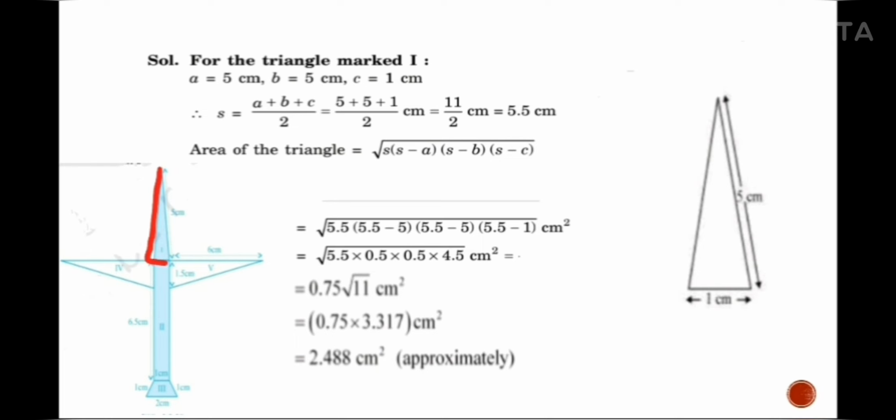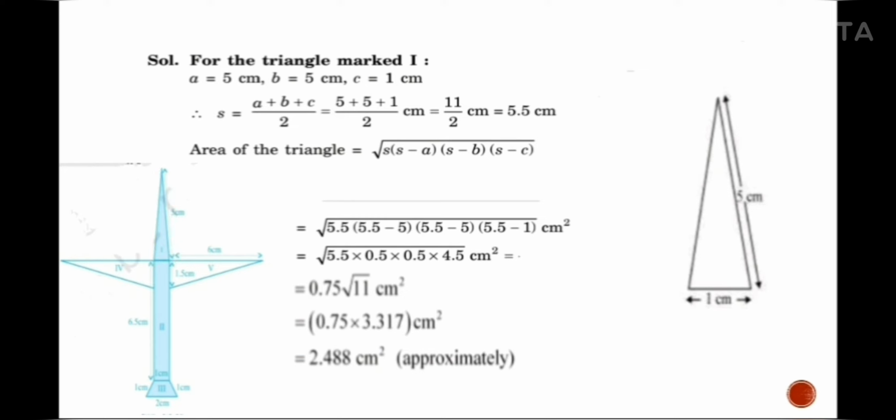So you can use 3.31 in place of root under 11. As you can see, they have used 3.317. You can use 3.31, and if you do the calculation, this will be the approximate area of part 1 only.